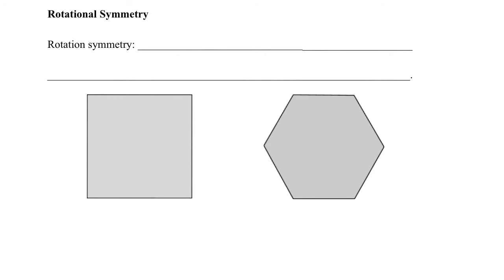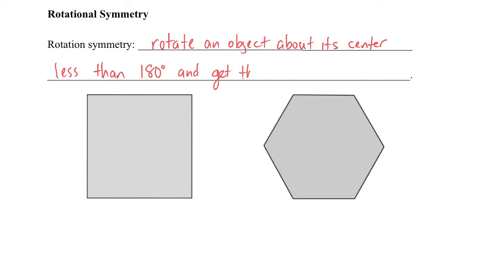So rotational symmetry is when we rotate an object about its center less than 180 degrees and get the same object back.